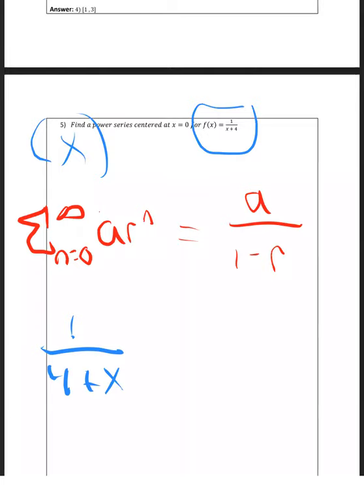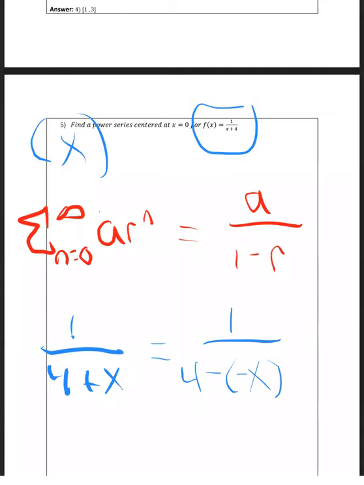What do we do? Yeah, you can pretend that R is X, essentially. Plus X, but there's a minus. So how do we get that? We do 4 minus negative X, because two minuses equal a plus. Do you understand so far?